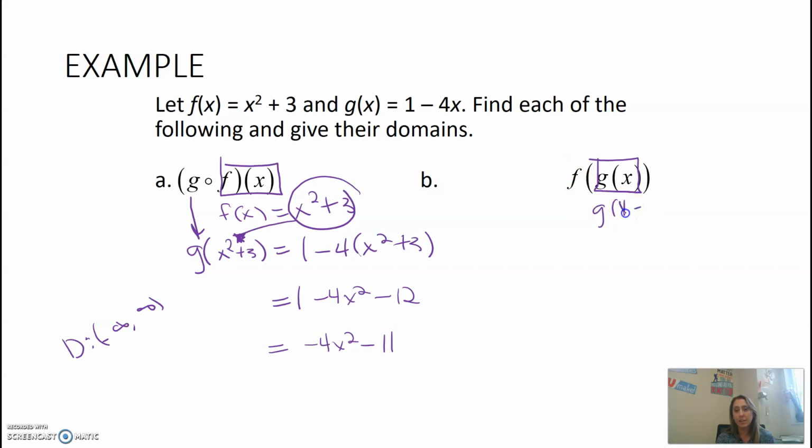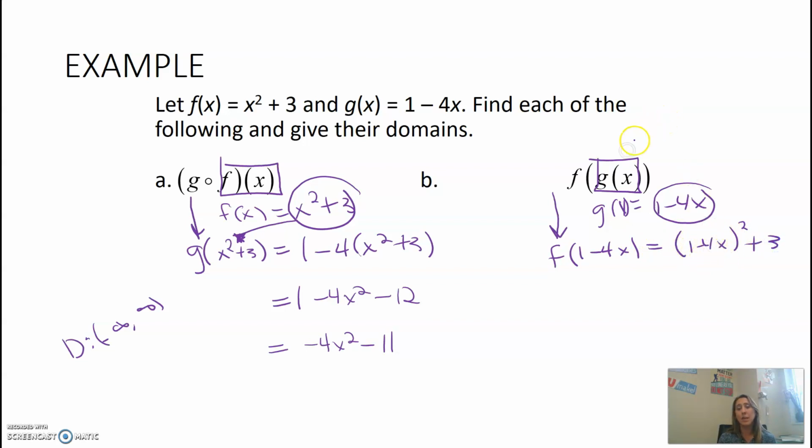g of x equals 1 minus 4x, and I'm going to take all of that and plug that into my f. I have x squared, so 1 minus 4x squared plus 3. Again, when we have a binomial like this, it really means we need to put it in a box.